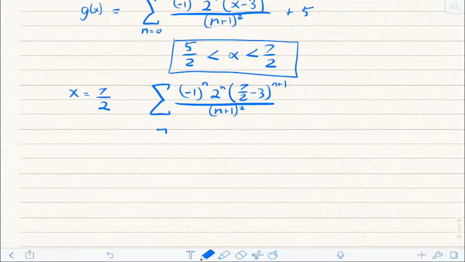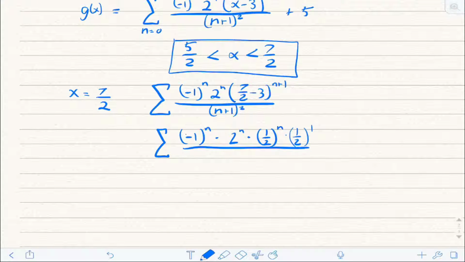I'm going to write this as sigma (-1)^n times 2^n times (1/2)^n times 1/2, technically that would be to the first, over (n+1) to the second power. Now we can see that this and this are going to cancel. This is just our constant out in front. We can also write that as 0.5, or we could place the 2 down in the denominator.